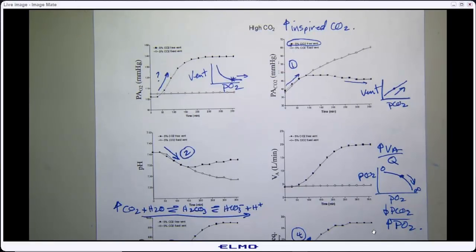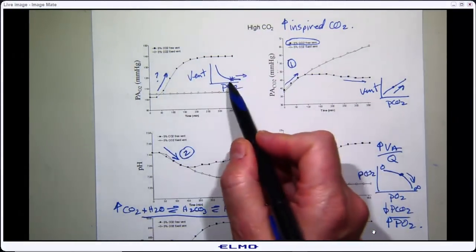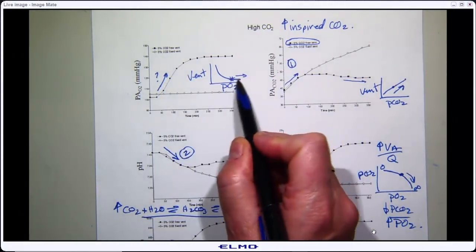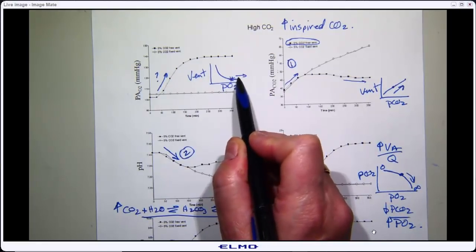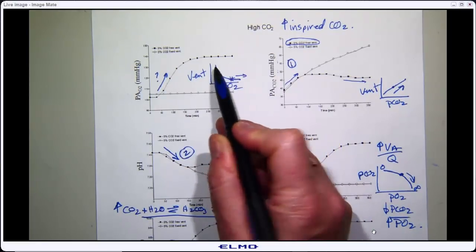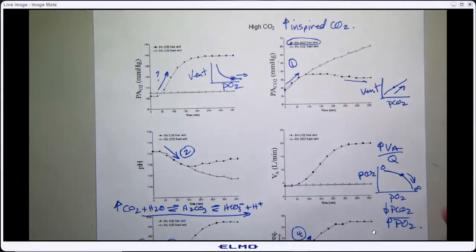We're sensitive to low oxygen, but we're not sensitive to high. We live on a flatter part of the curve, not very sensitive, and especially not sensitive to PO2 going up. Definitely sensitive if PO2 goes down. Very different from our CO2 sensitivity. CO2 changes a little bit in either direction, and we're breathing all over the place.